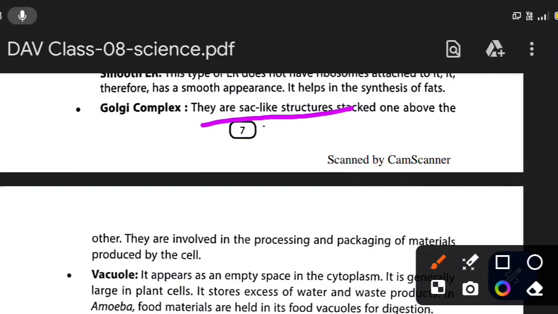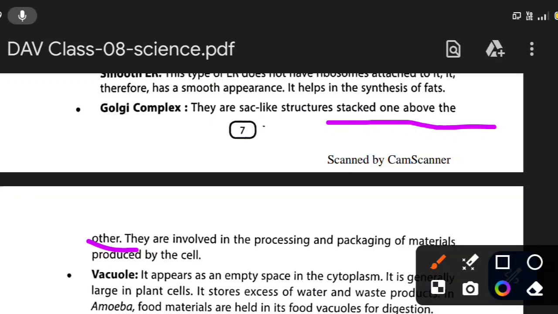Sac means pouch-like structure, like the water pouch or milk pouch we see. So it is a sac-like structure, stacked one above the other.